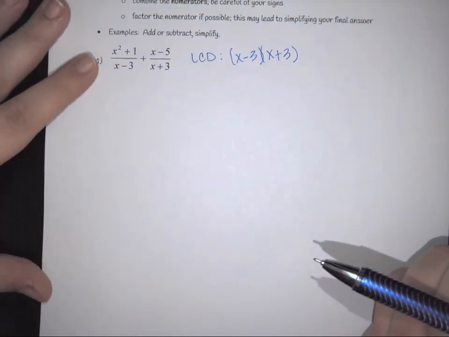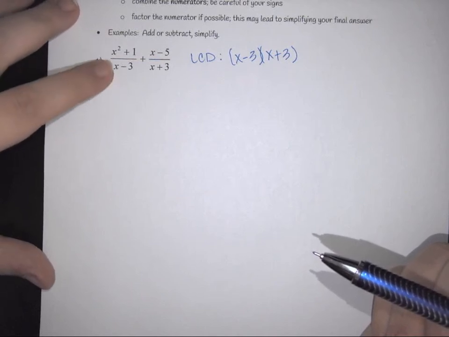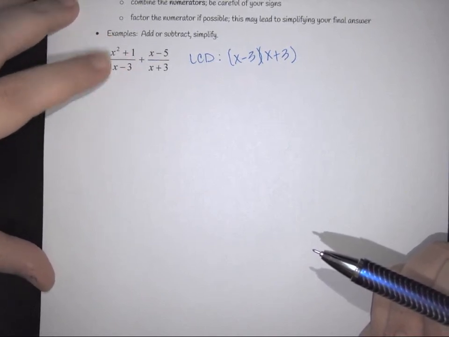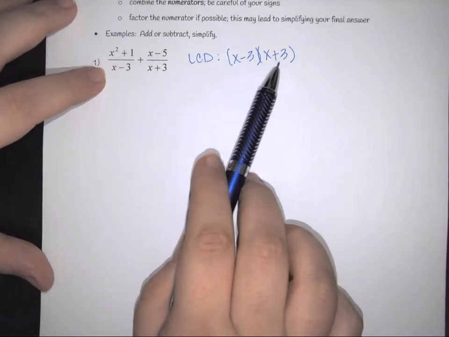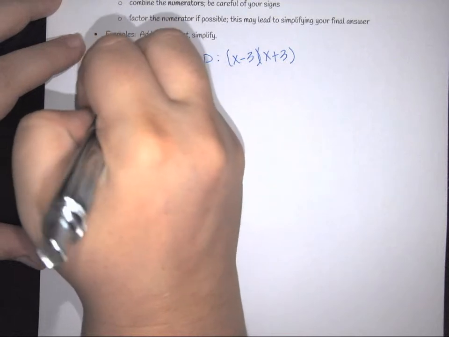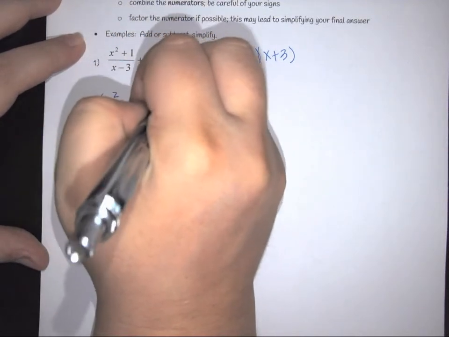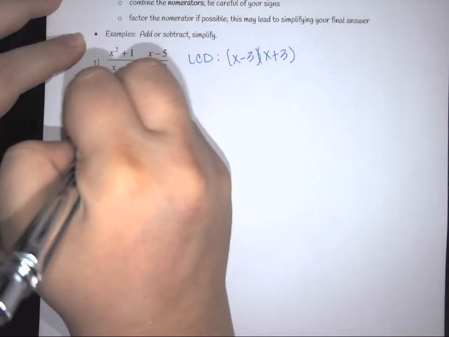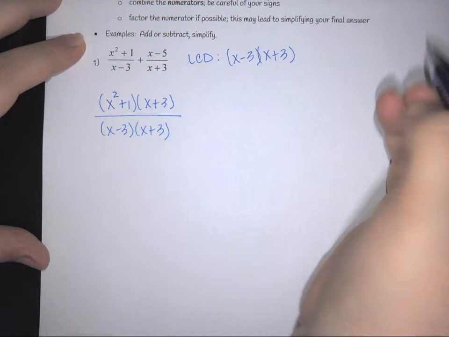So normal fraction rules would say whatever you have to do to the bottom, you have to do to the top. So if you look at this first rational here, I have the x minus 3 part already. What's missing is the x plus 3. So this is going to become x squared plus 1 times the x plus 3 all over x minus 3 times my x plus 3.